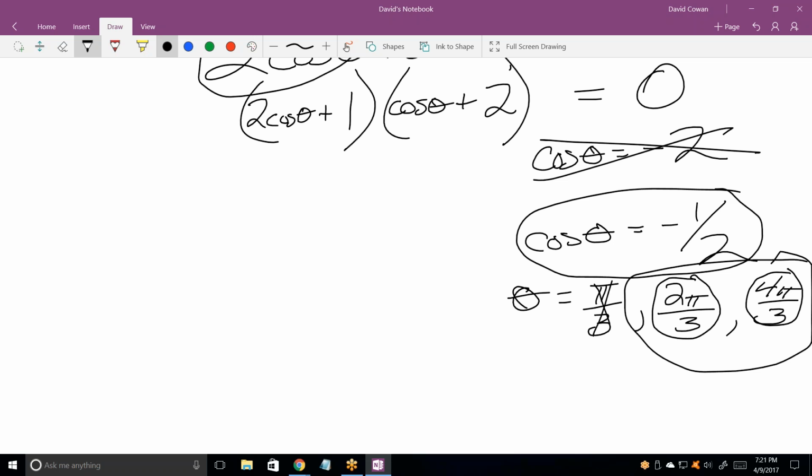Cosine's positive in the first and fourth, but it's negative in the second and third. So when we see cosine of theta equals minus 1/2, we know our answer is going to be in the second and third quadrants. And I did it the easy way.